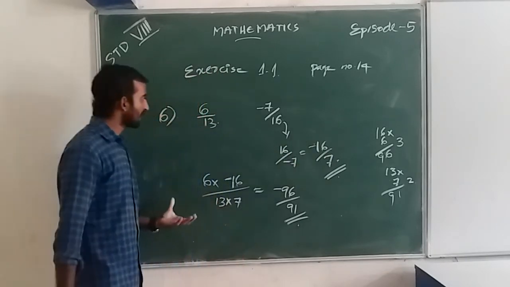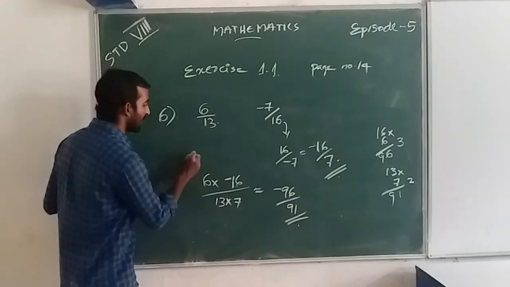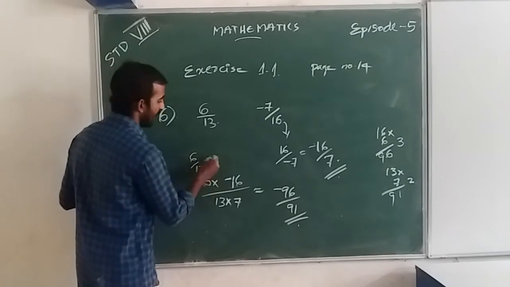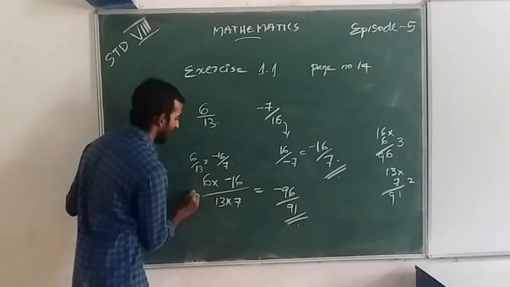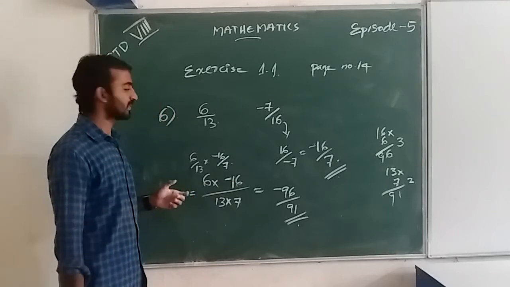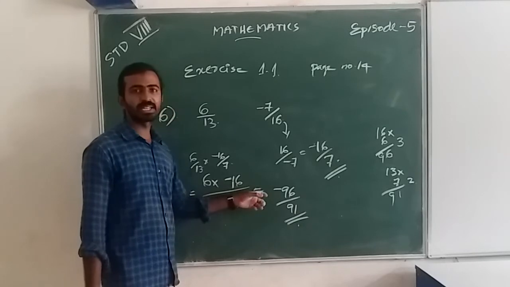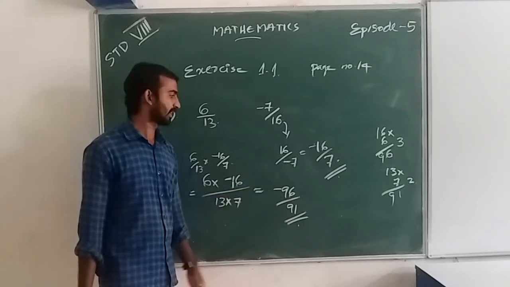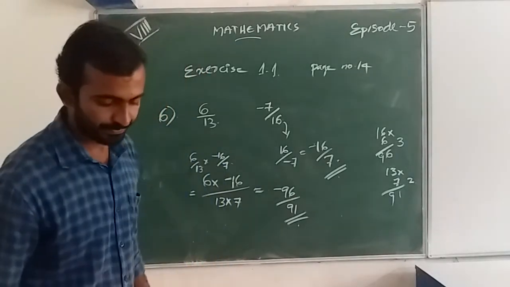That is, we multiply 6 by 13 into negative 16 by 7. We get 6 into negative 16 by 13 into 7, which is negative 96 by 91. This is the answer for question number 6.